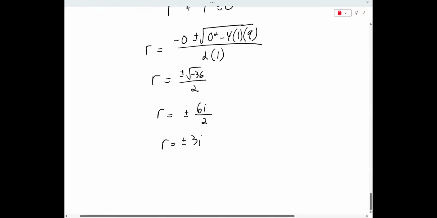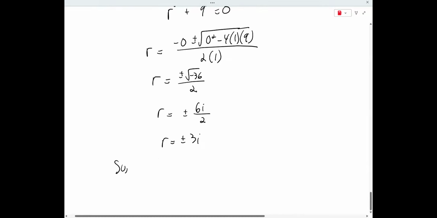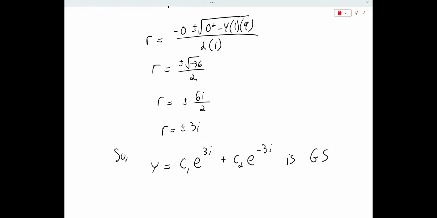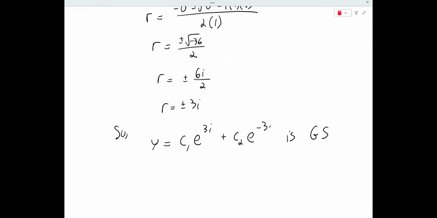Our general solution is going to be y equals c1 e to the 3i plus c2 e to the negative 3i.